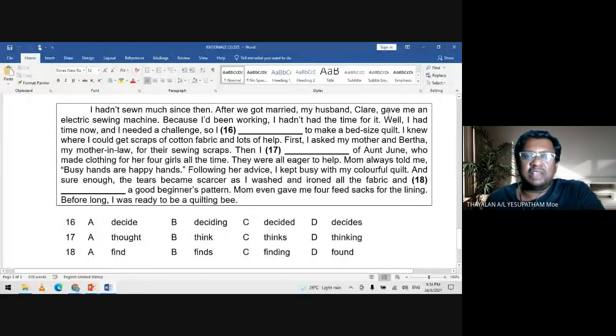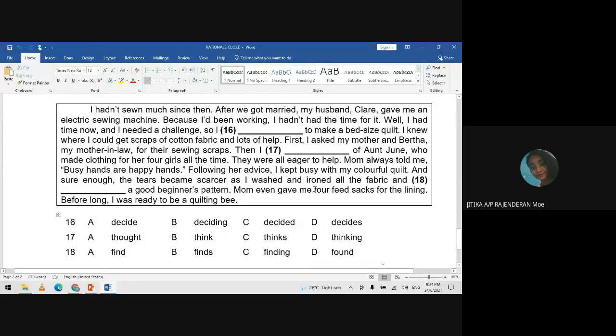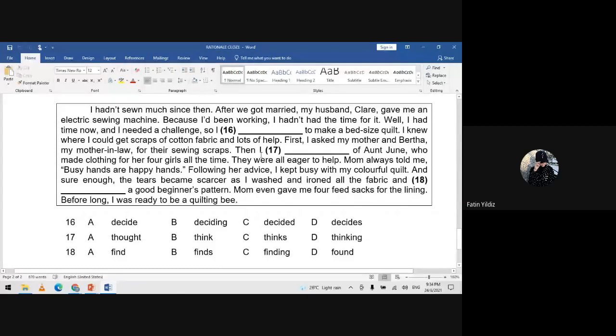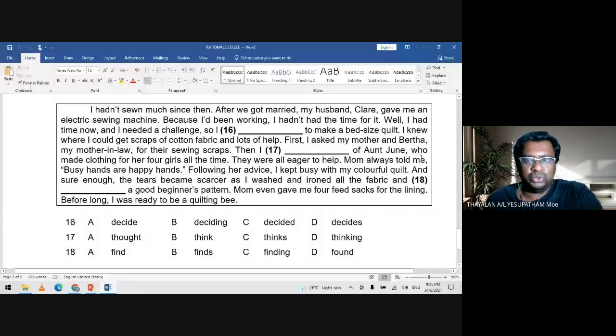Okay, let me go through the corrected version. "I hadn't sewn much since then. After we got married, my husband Claire gave me an electric sewing machine. Because I'd been working, I hadn't had the time for it. Well, I had time now and I needed a challenge. So I decided, past tense, to make a bed-sized quilt. I knew where I could get scraps of cotton fabric and lots of help. First, I asked my mother and Bertha, my mother-in-law, for their sewing scraps. Then I thought of Aunt June, who made clothing for her four girls all the time.